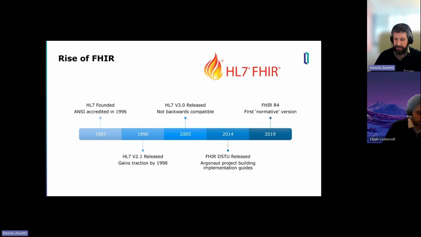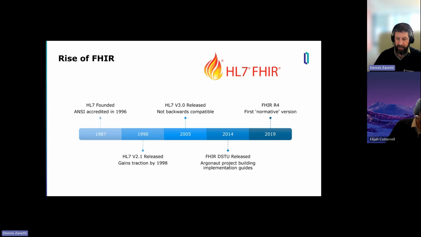In 2011, HL7 began a work group to address the challenges of the V2, V3 standards. There had been a lot of feedback at this point, a lot of suggestions for improvements. A lot of the challenges were recognized, and so they effectively decided to create a completely new and modern standard for healthcare interoperability. And so in 2014, we saw the first draft standard for trial use for FHIR.